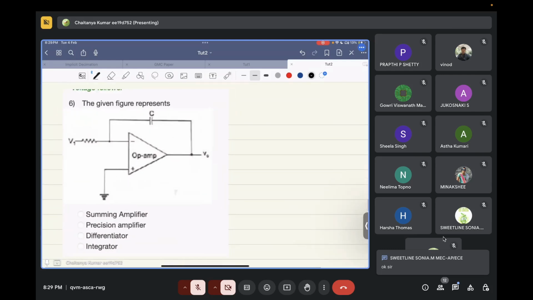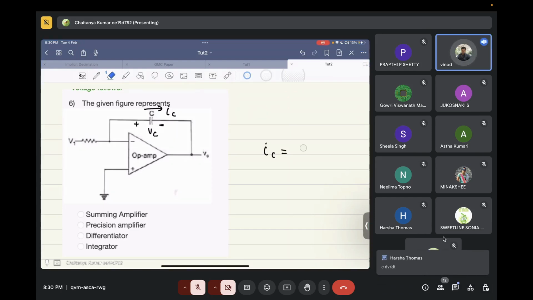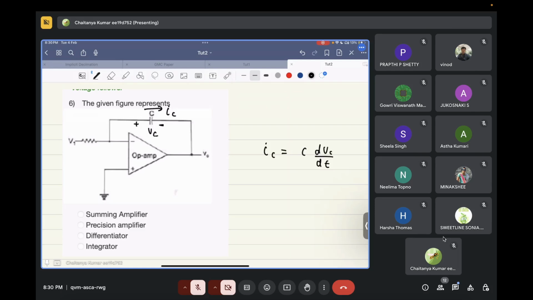So over here, let's try to solve this question in the time domain. Let's say we call this VC, and let's call this IC. So what is IC equal to? C into dVc divided by dt, correct? Now, this current is equal to 0, right?